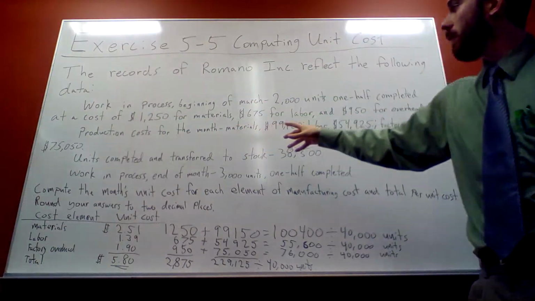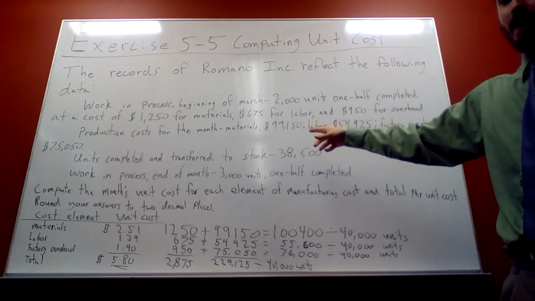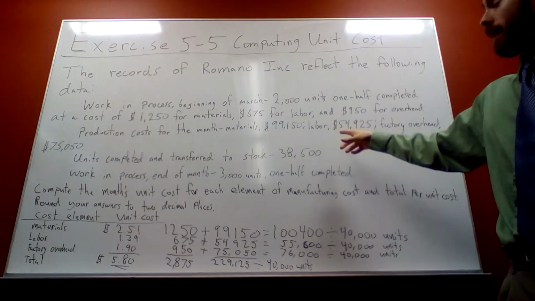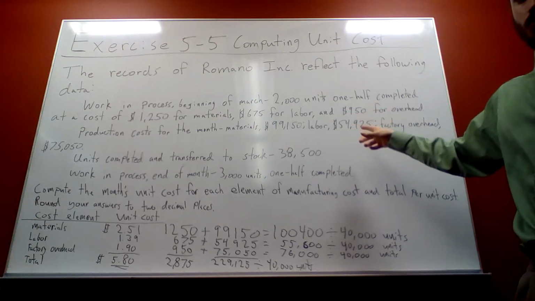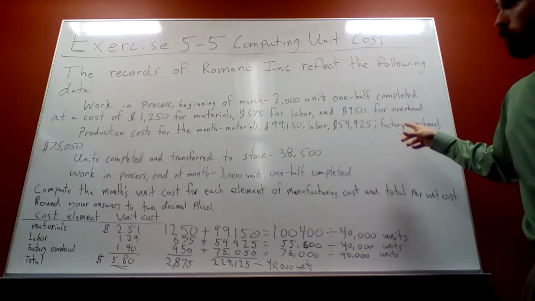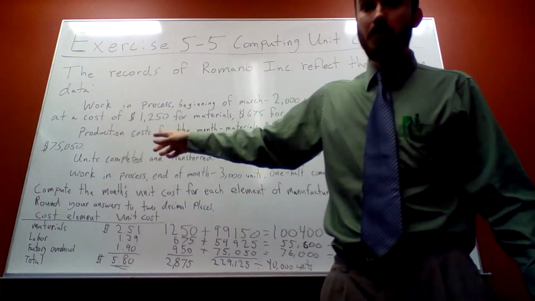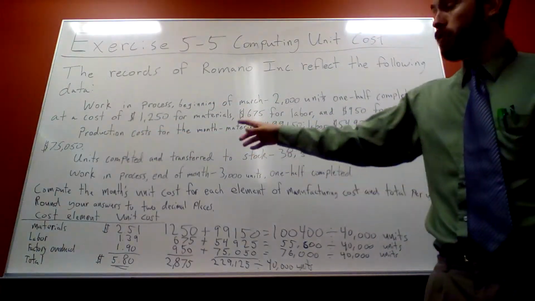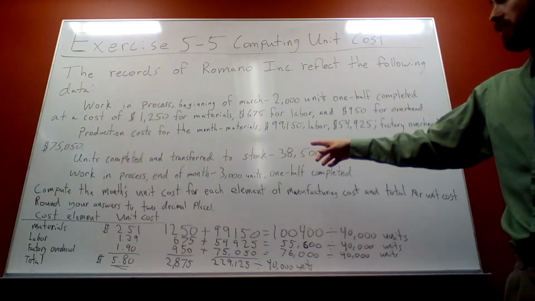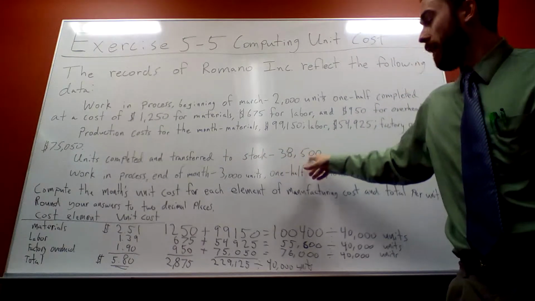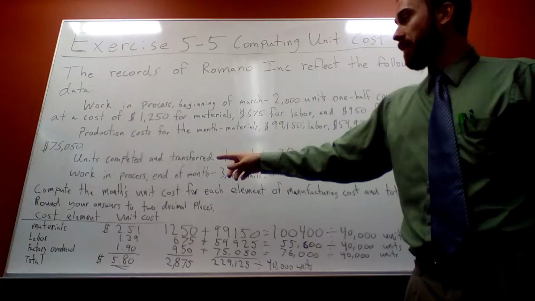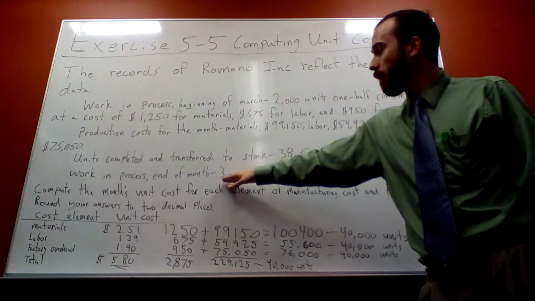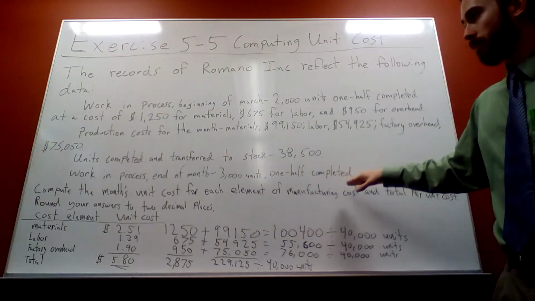Production costs for the month: materials $99,150, labor $54,925, and factory overhead $75,050. Units completed and transferred to stock 38,500. Work in process at the end of the month 3,000 units, one half completed.